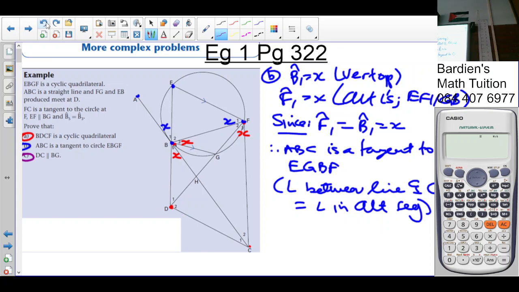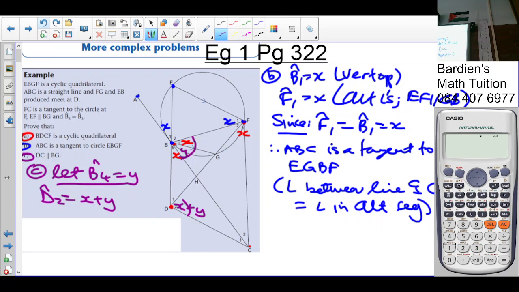So we say let B4 equal y. So if angle B4 is equal to y, then angle D2 is equal to x plus y. Why is D2 x plus y?